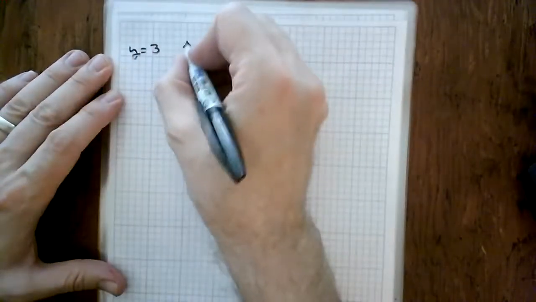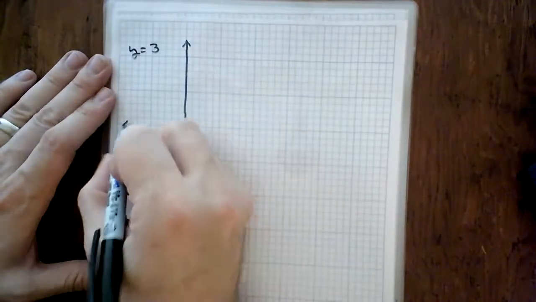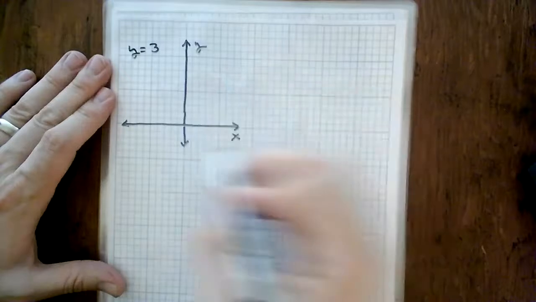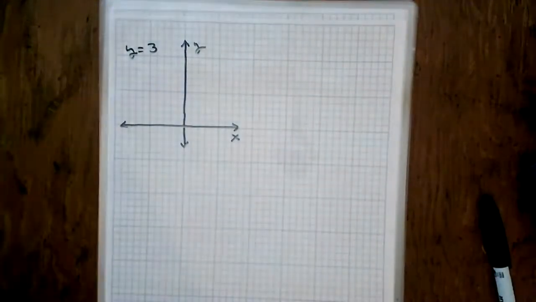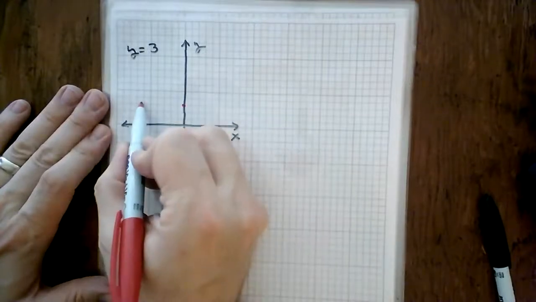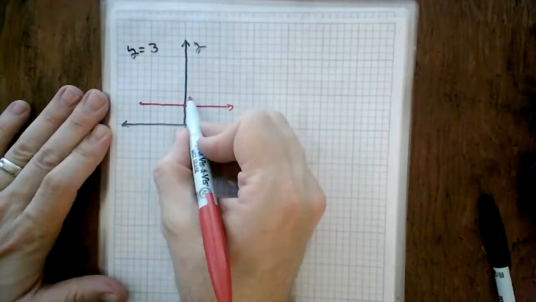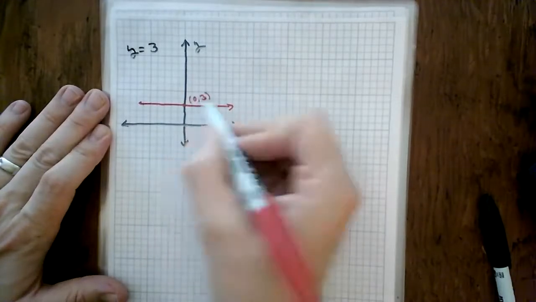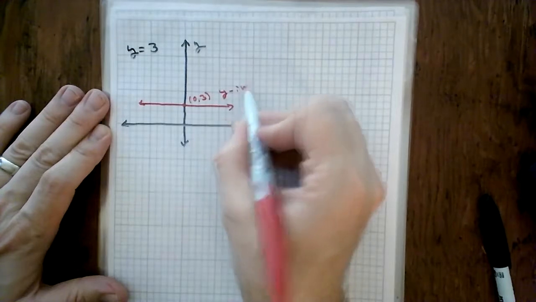Here y is a constant, which means there's my x, there's my y, and y is constant. x can be whatever it wants to be. This is just going to be a horizontal line right there. 1, 2, 3, and (0, 3) is my y-intercept.